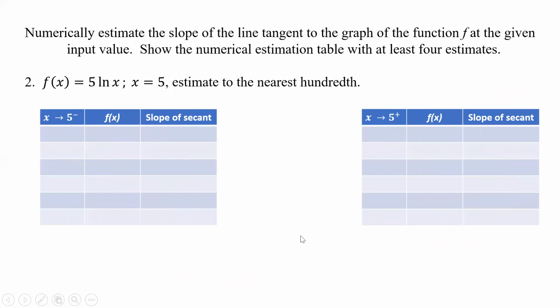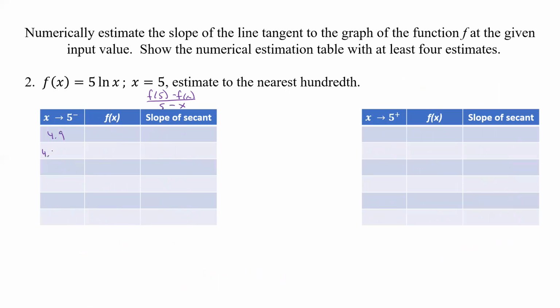All right, so let's do another one here. So with this one, what we're going to do is we're going to use our calculator, and we're going to take 5 times ln of 5, and that's what this is. So we're going to have f of 5 minus f of x over 5 minus x. And so what's from the left side here? Well, from the left side, it's going to be 4.9.